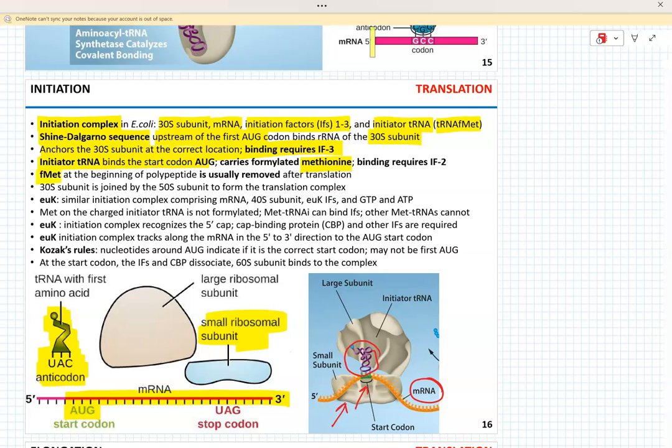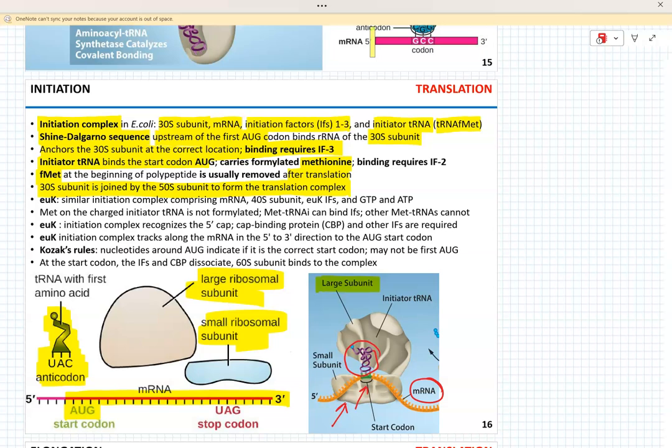Formylmethionine, which is not the normal amino acid, is usually removed after translation from the beginning of the polypeptide chain. When the initiation complex is formed, it is joined by the 50S, or the large ribosomal subunit, and that forms a competent translation complex. In eukaryotes, the process is similar.